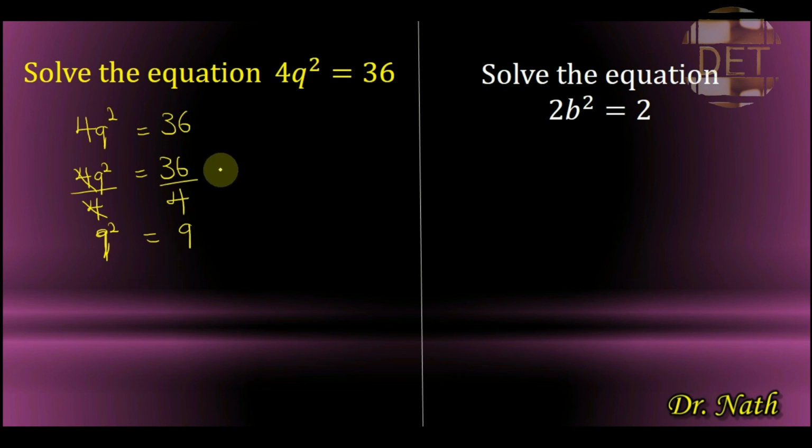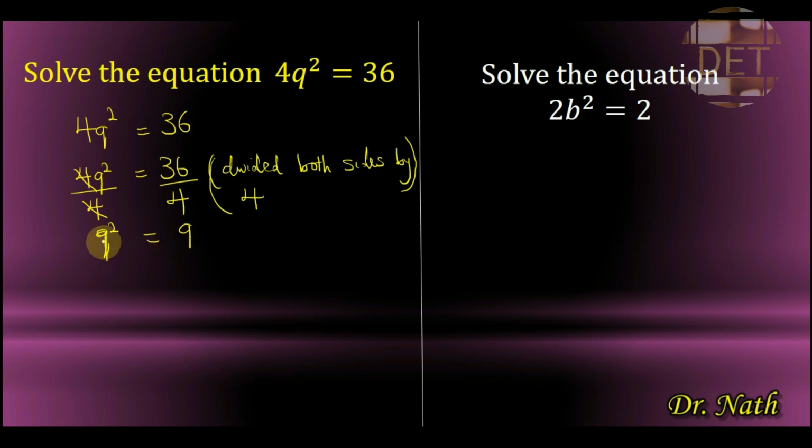What I did is I divided both sides of the equation by 4. Whatever you do to this side of the equation, you also do to this side of the equation. That is the principle. So here I have q squared is equal to 9.